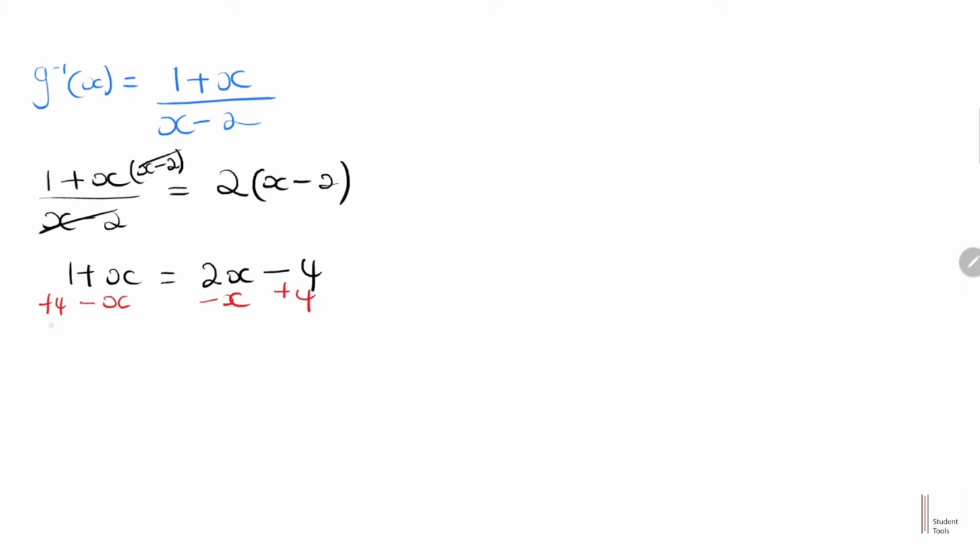We have 1 plus 4. So 1 plus 4 is a 5. And this will be a 0. So this is equal to 2x minus x. That is an x. This is a 0. So that means x is equal to 5. So to answer our question, the inverse of g is equal to a positive 2 when x is equal to a positive 5. And that is just how we solve this part of the question, ladies and gentlemen.